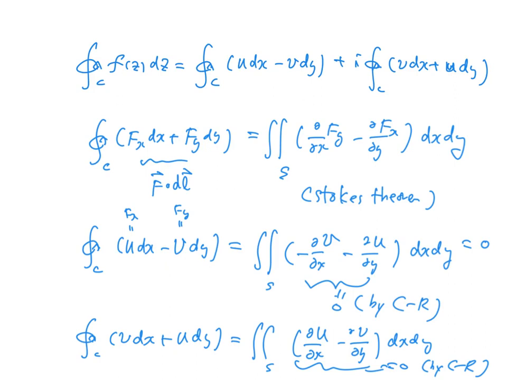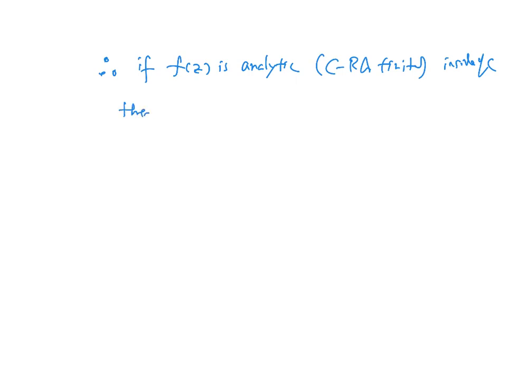So we have a very simple proof that if f is analytic, satisfying CR and finite inside of C, then the integral over C of f(z) dz equals 0, right?